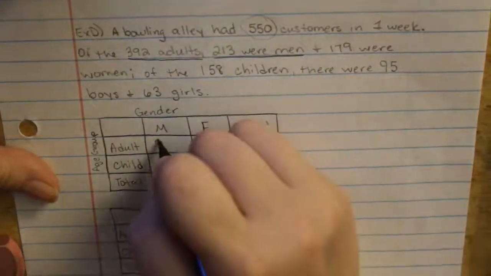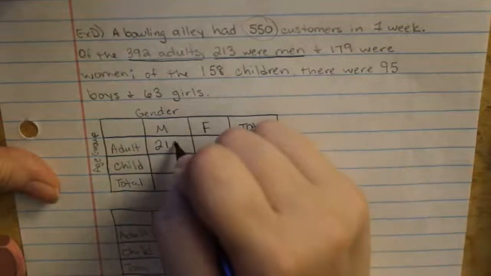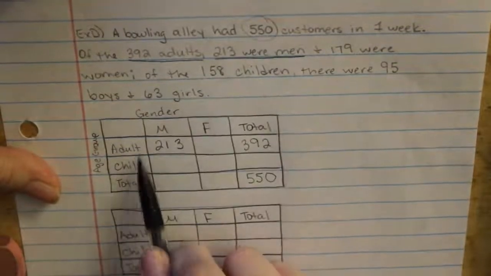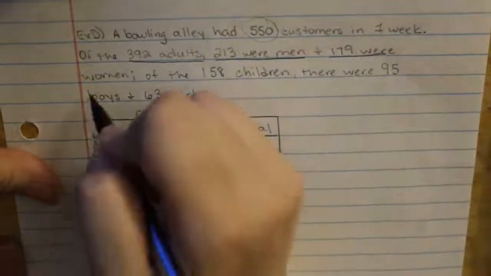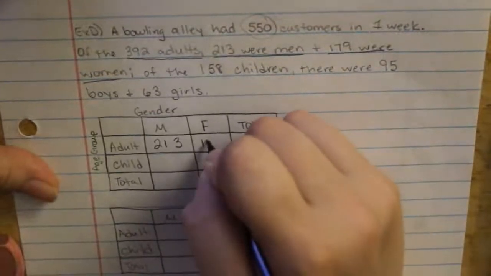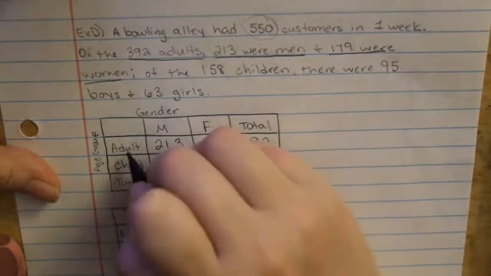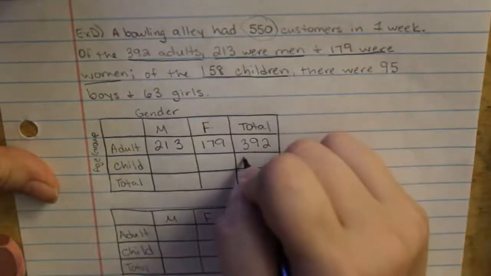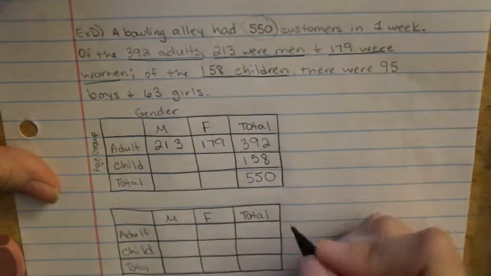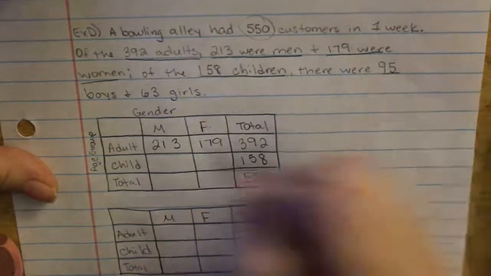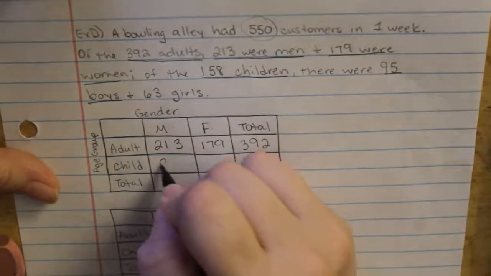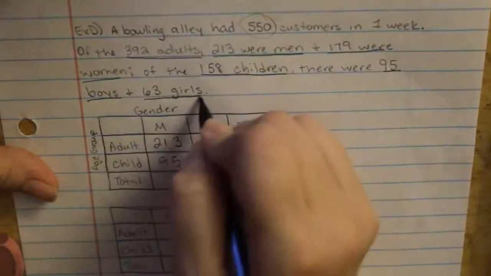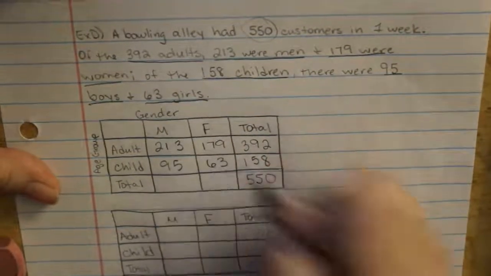Fill that in as the 213 male adults. 179 were women, 179 female adults. Of the 158 children, there were 95 boys and 63 girls.